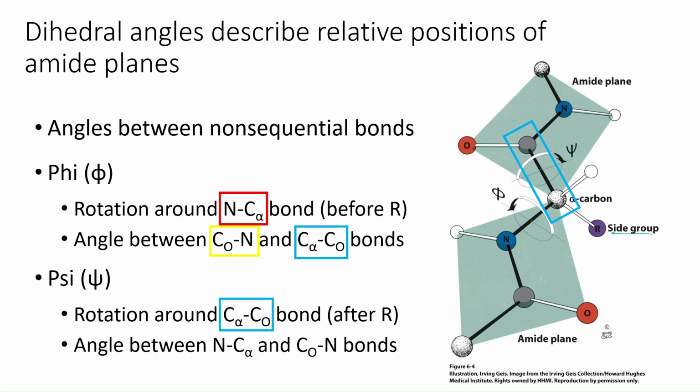The bond right before it is the N to alpha carbon bond, and the one right after it is the carbonyl carbon to the next amine bond. For the psi angle, you're looking for the angle between the bond circled in red and the bond encircled in yellow. Again, here we see they're about 180 degrees apart, facing directly away from one another.